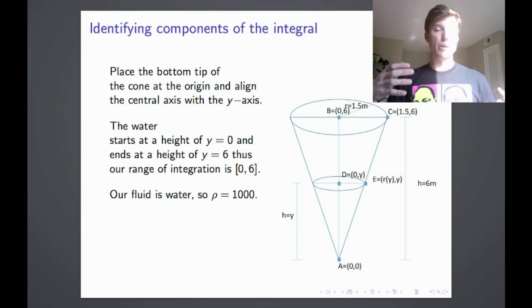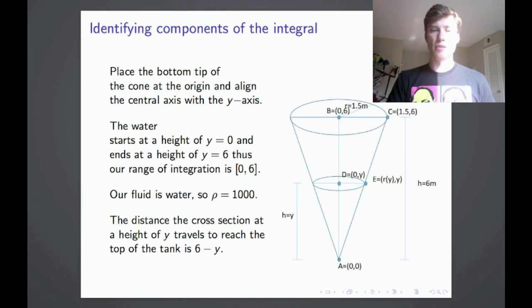We're dealing with water, and as I said previously, the density of water is going to be 1,000 kilograms per cubic meter. As I said previously, we will take the gravitational constant to be 9.8.